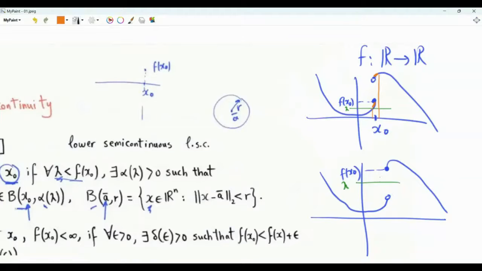Now, if we take any neighborhood of x0, so this is x0 here in the middle, you'll find that this part of the function is actually less than lambda. And no matter what you do to your interval about x0, no matter how small it is, we will not be able to find an interval about x0 at which f of x is greater than lambda. So this function is not lower semi-continuous. This one is, but this one is not, just by doing this change here.